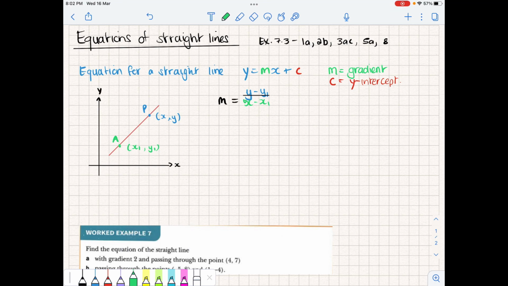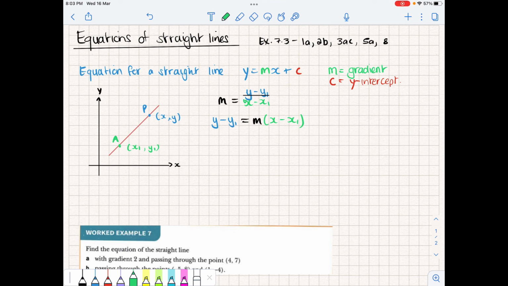Now what we're going to do a little bit different is multiply both sides by x minus x1 to bring it up to the numerator, and what we'll be left with is y minus y1 equal to m times x minus x1, and this is the new equation that we're going to use when we want to work out the equation for a straight line.